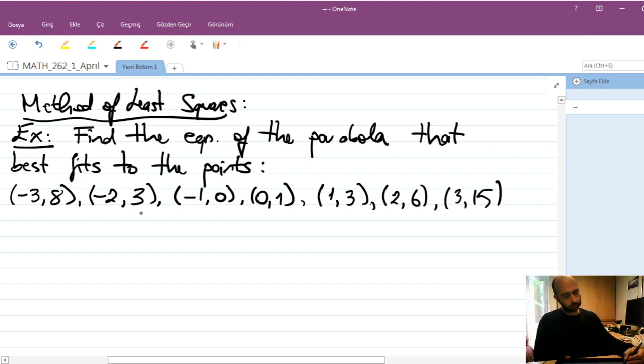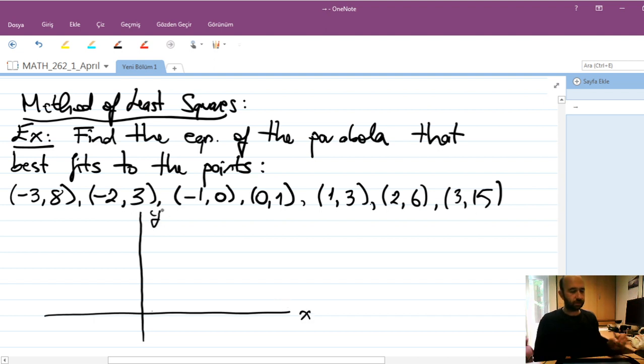But maybe also it's worthwhile to draw a picture. So this is x, y. You are given some data points. So minus 3, 8 is maybe somewhere here. Minus 2, 3. Minus 1, 0. 0, 1. And here we have 1, 3, 2, 6. Maybe somewhere here.